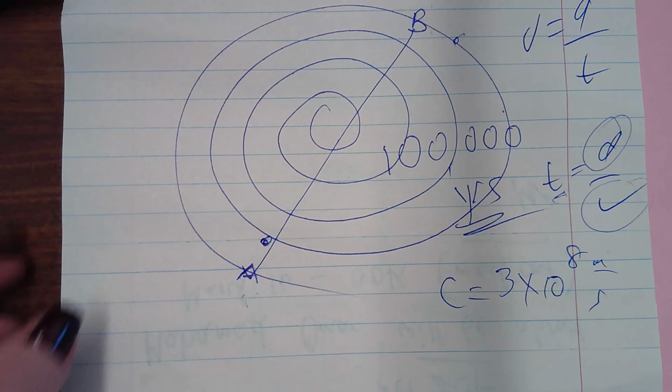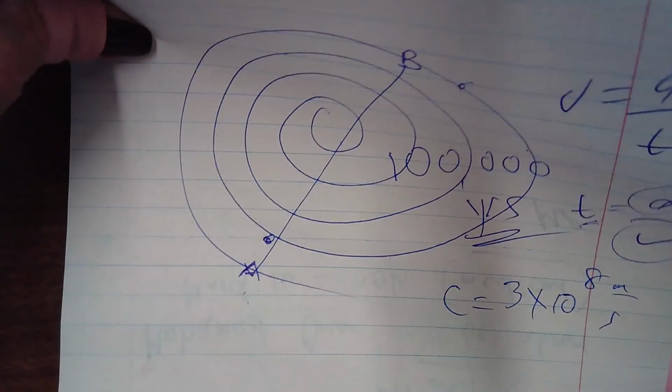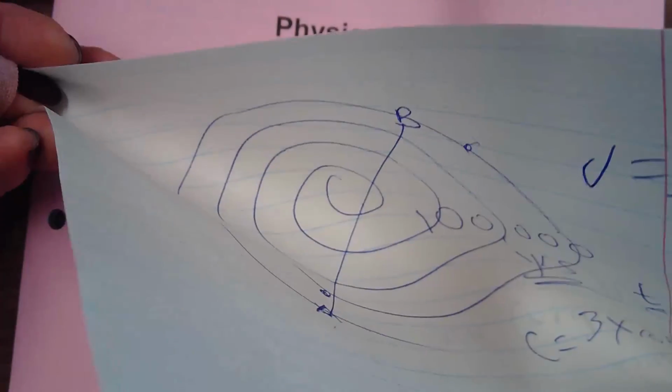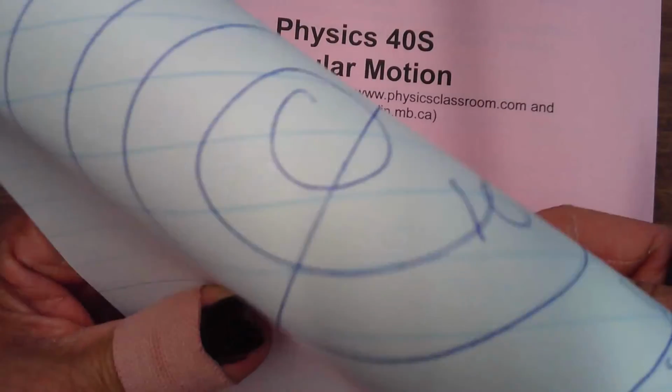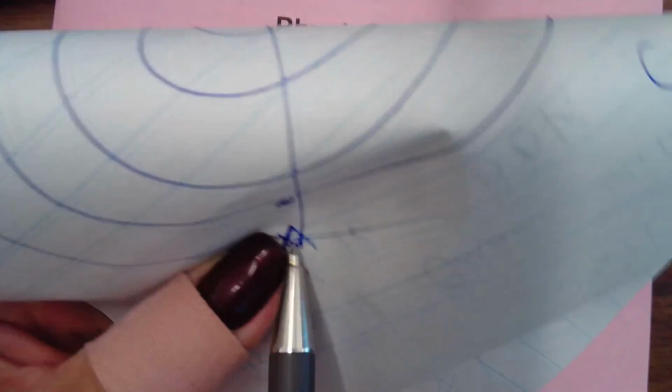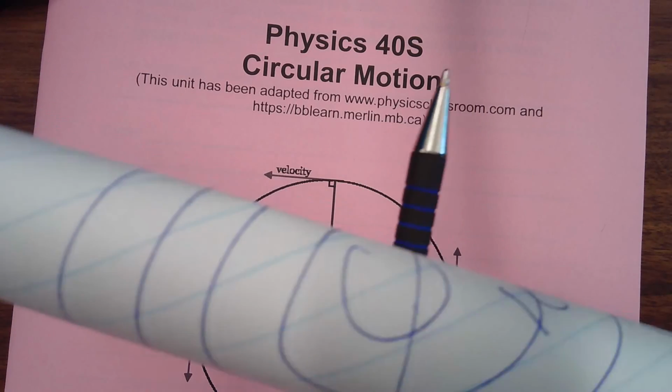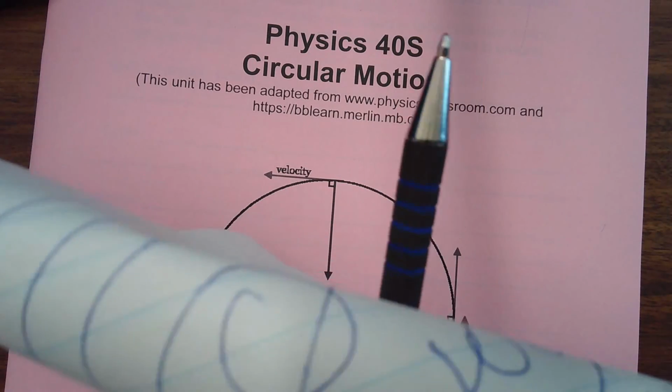But what if the space is actually curved? What if the space is curved like this? All of a sudden, going from A to B is really close. Actually, that's what scientists are talking about being able to do: to fold space, to find a place in space where space is curved.